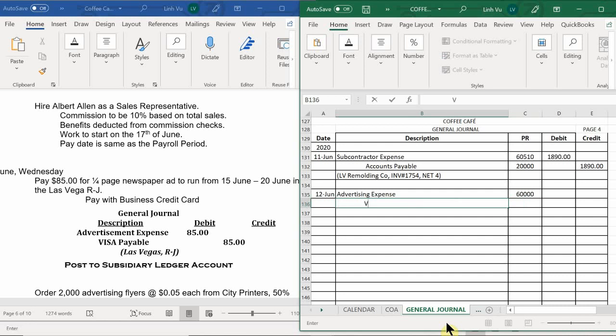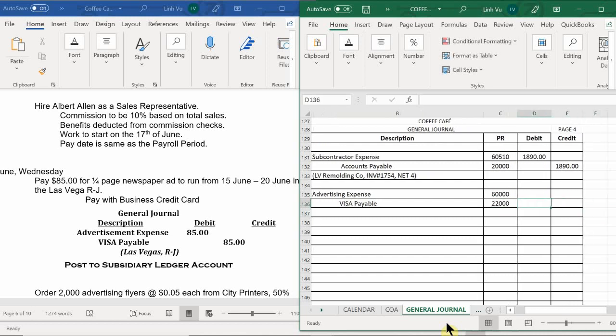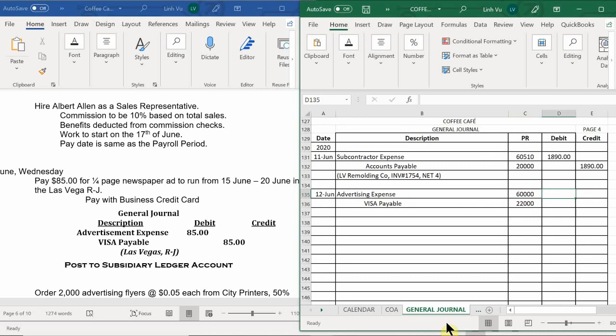And we use Visa payable to pay for it. So in this case, Visa payable is going to be a credit. And how much was the advertisement for? $85. It's a quarter page from Las Vegas RJ.